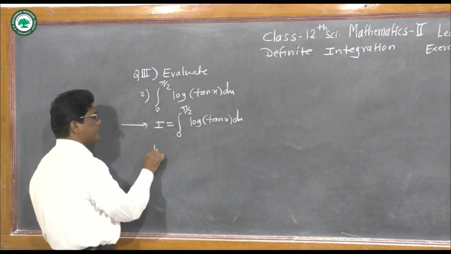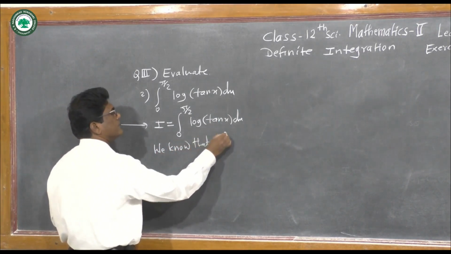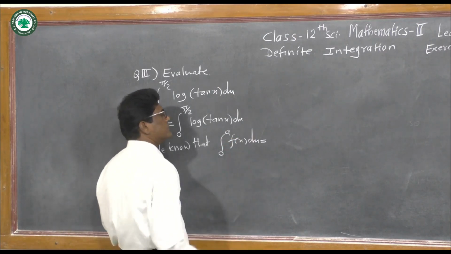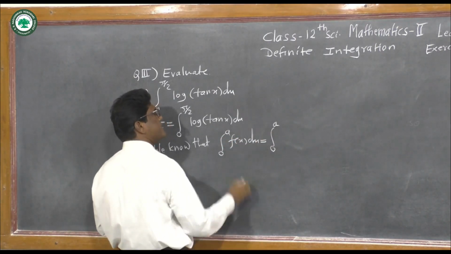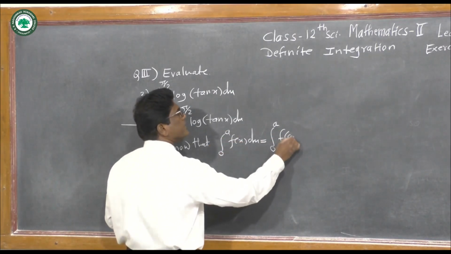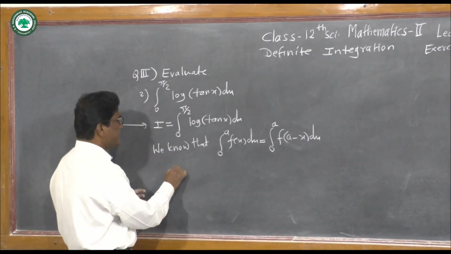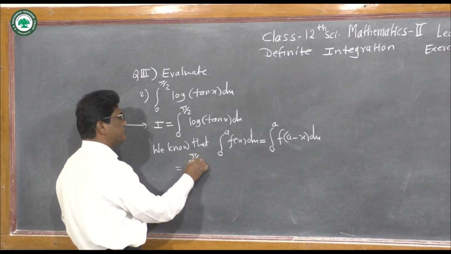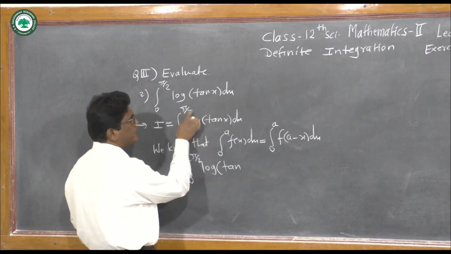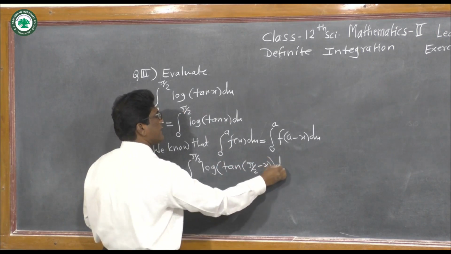Now we know the sixth property, integration 0 to a f of x dx is equal to integration 0 to a of f of a minus x dx, where we only replace x by a minus x. Use this property, and so we get integration 0 to pi by 2 log of tan of pi by 2 minus x dx.